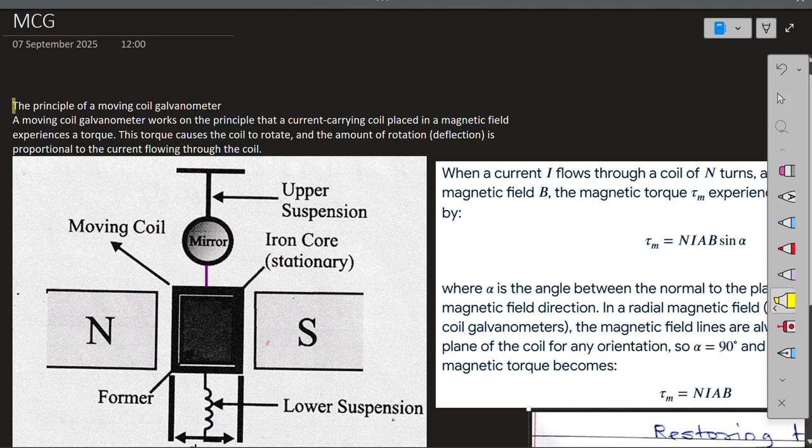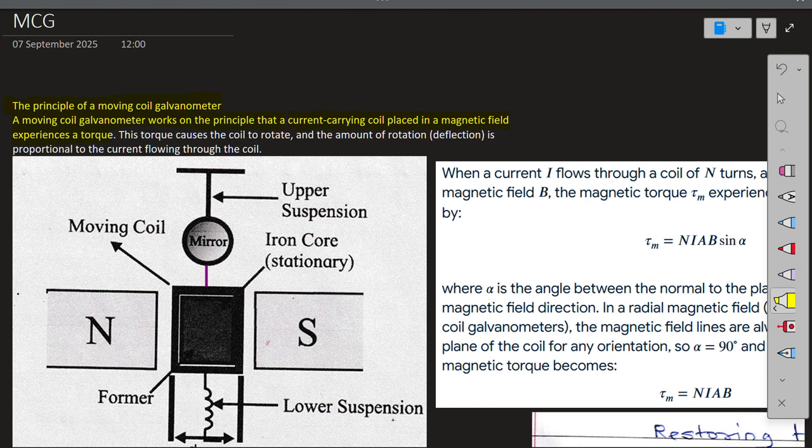On which principle does it work? The principle of moving coil galvanometer: it works on the principle that when a current carrying coil, that we discussed in the previous lecture, is placed in a magnetic field, that coil experiences a torque.